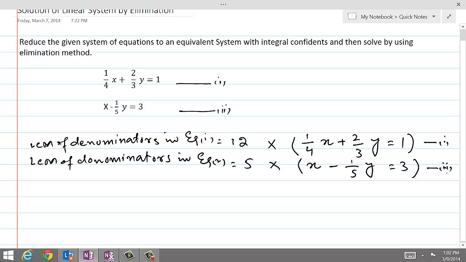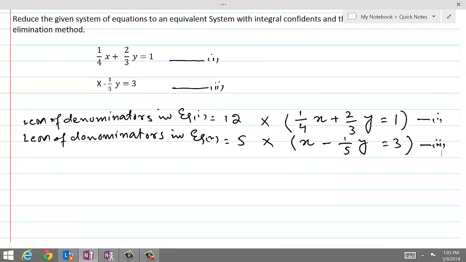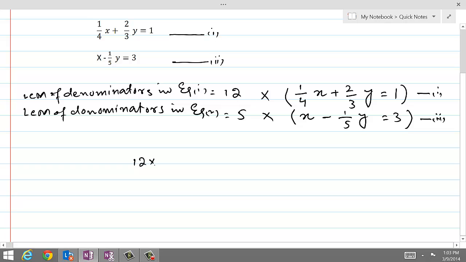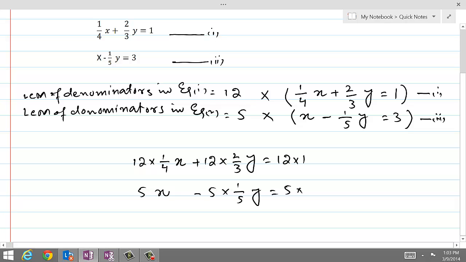So when we multiply these numbers with equation 1 and equation 2, what we get, if we write in detail, is 12 times 1 over 4 x plus 12 times 2 over 3 y is equal to 12 times 1, and here we have 5 times x minus 5 times 1 over 5 y is equal to 5 times 3.